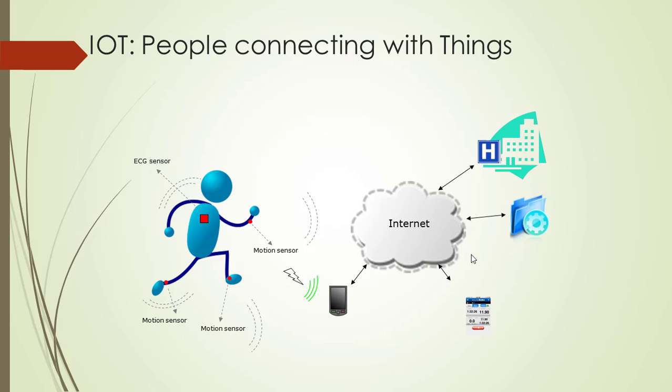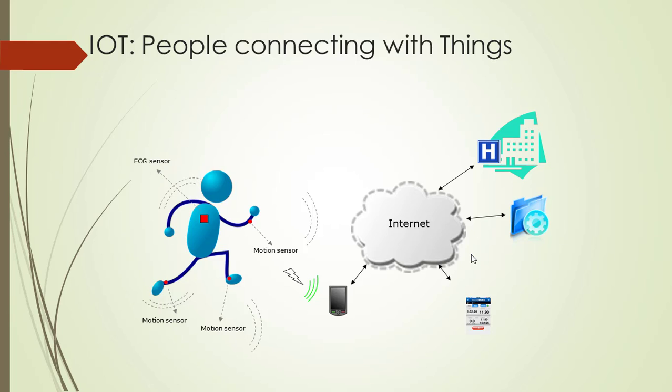Just for example, you have your IoT device such as your ECG sensor, your motion sensor such as your Fitband. These are connected to the internet. Now what happens? Whatever information is recorded by these devices is sent to the internet, which is collecting all your data and doing analytics on your data and giving you further results.